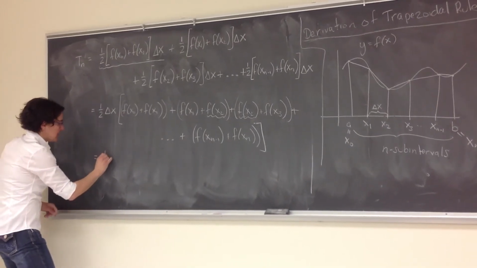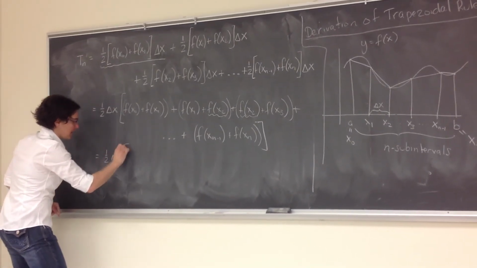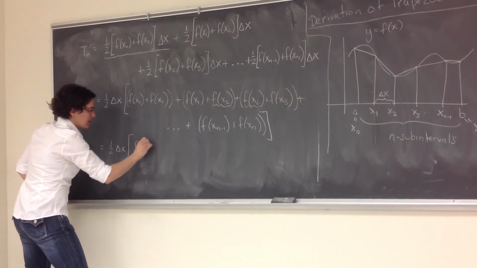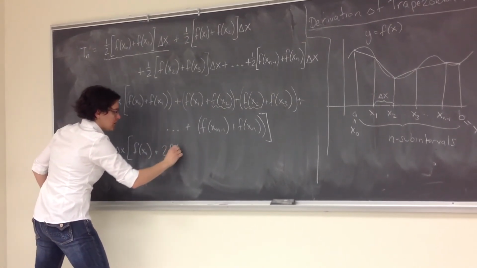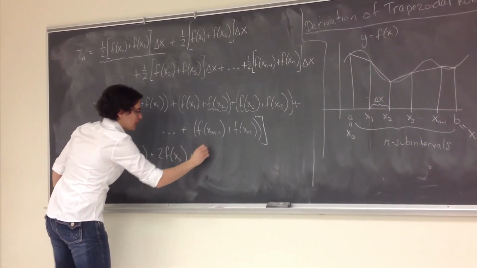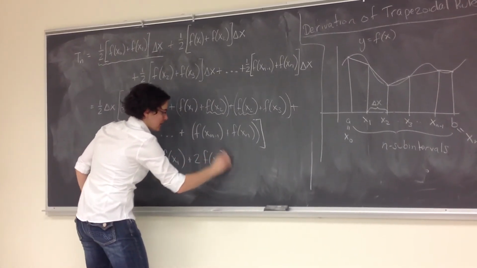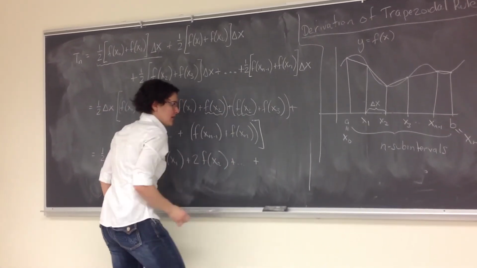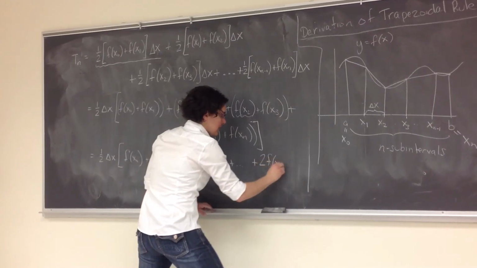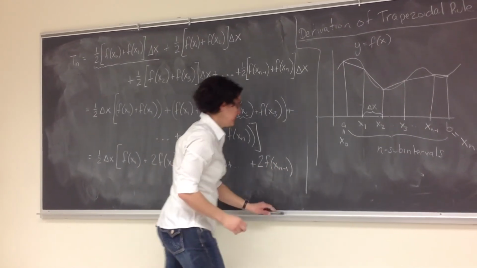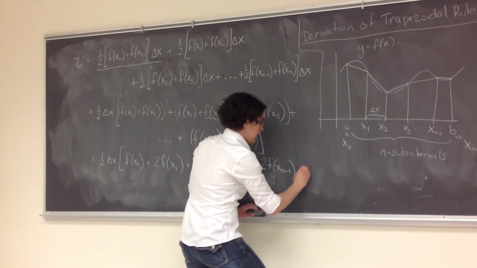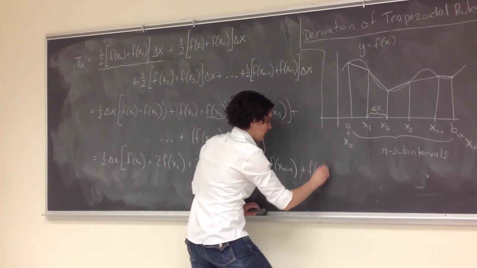And so we can write this as 1/2 times delta x times f of x0 plus 2 f of x1 plus 2 times f of x2 plus dot dot dot plus 2 times f of xn minus 1 plus 1 times f of xn.